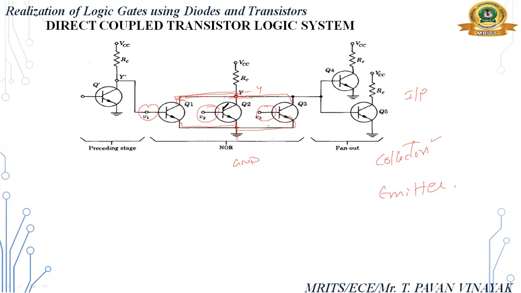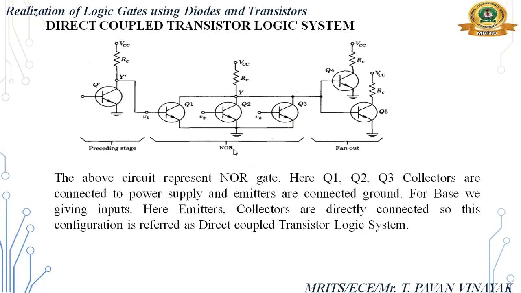So this is called direct coupled transistor. We couple all collectors and all emitters. So this configuration is referred to as direct coupled transistor. Okay.